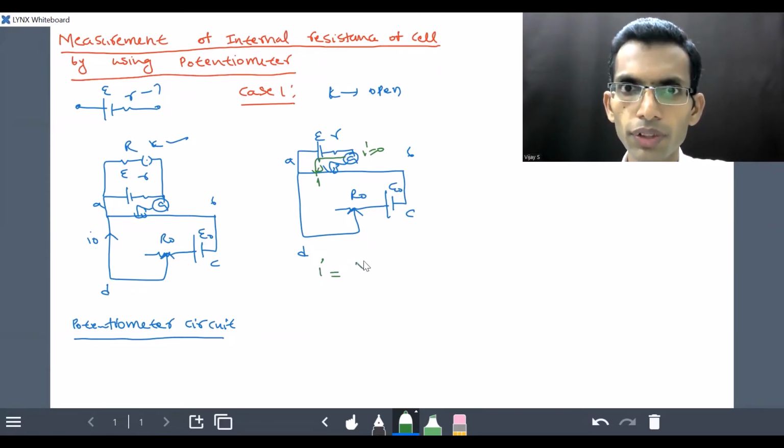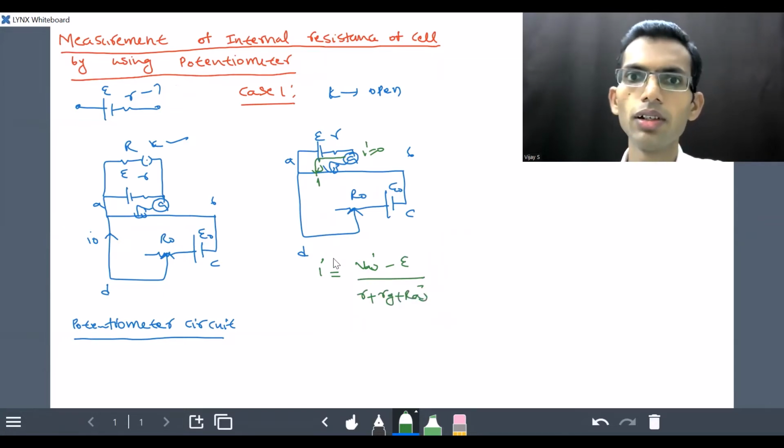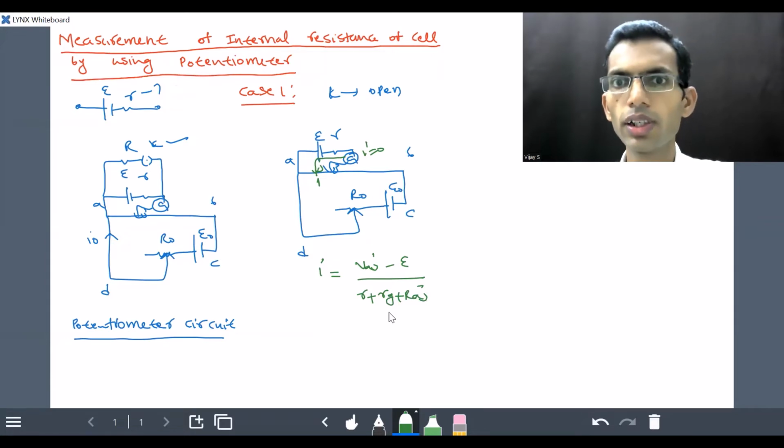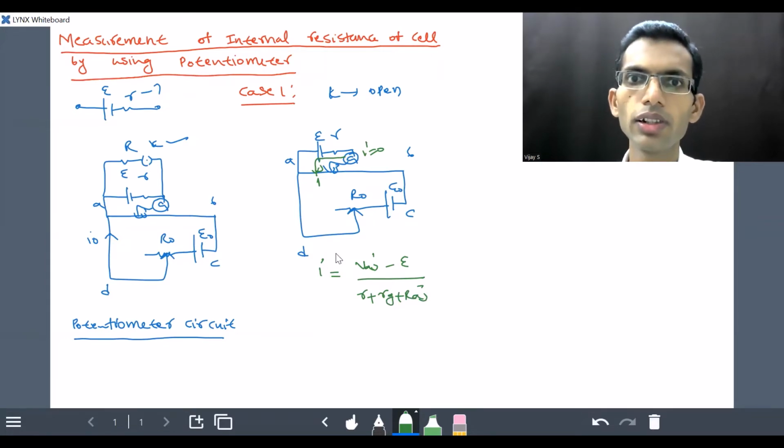So that is going to be I = (VAJ − E) / (R + RG + RAJ). Here R is internal resistance of the cell, RG is resistance of galvanometer, RAJ is resistance of the wire between A and J. VAJ is potential difference between junction and moving contact position.